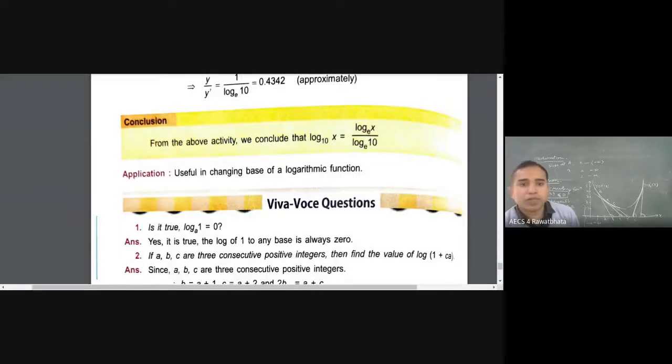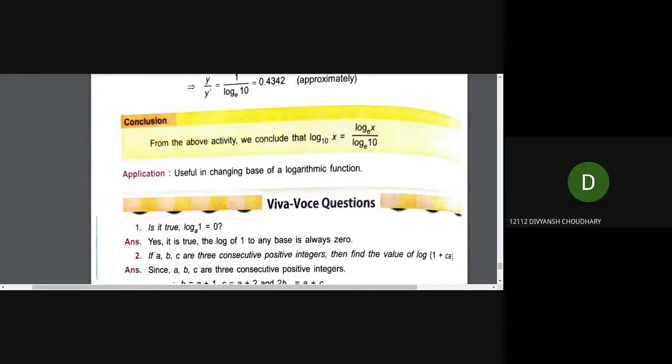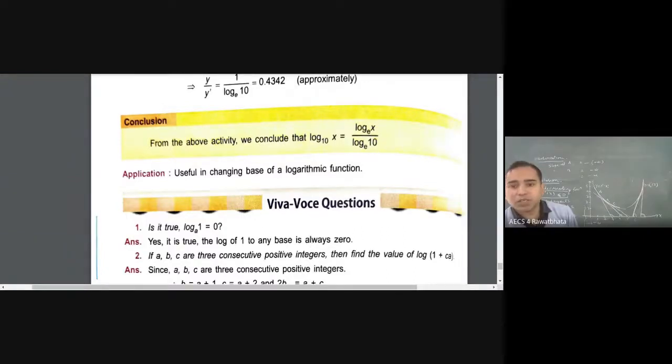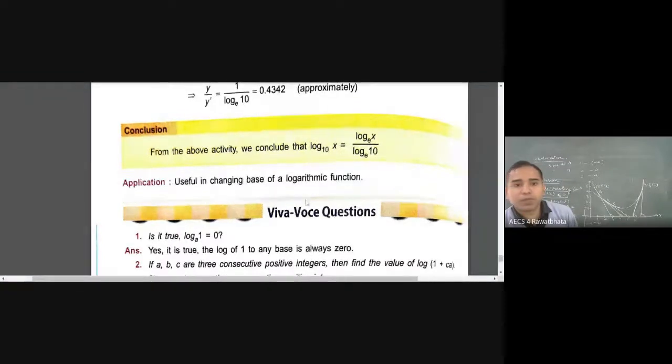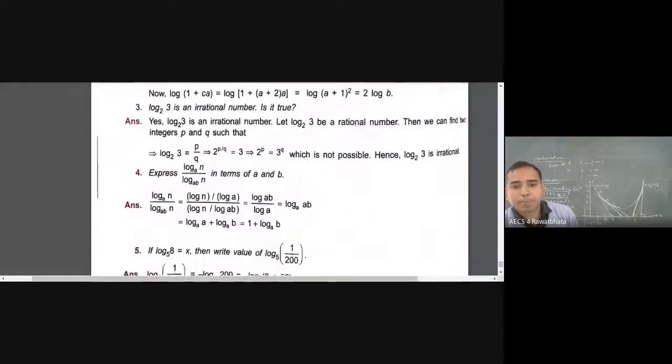Is this visible, students, to you? A and C section, Varsha, is this visible to you? Yes, sir, visible. B section, Harsh, is this visible to you? Harsh, Nutan, is this visible to you? Now?